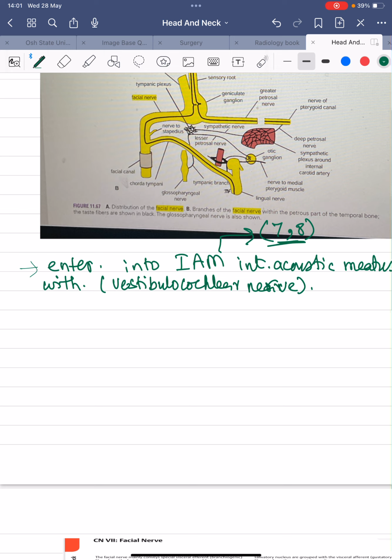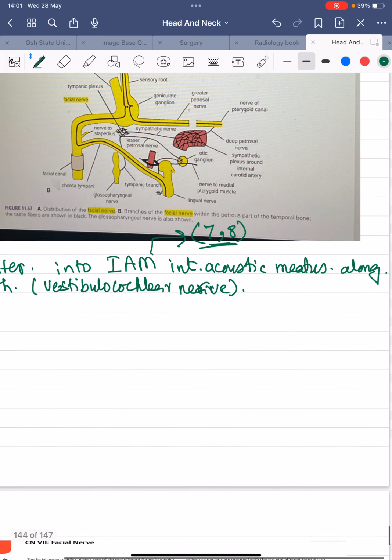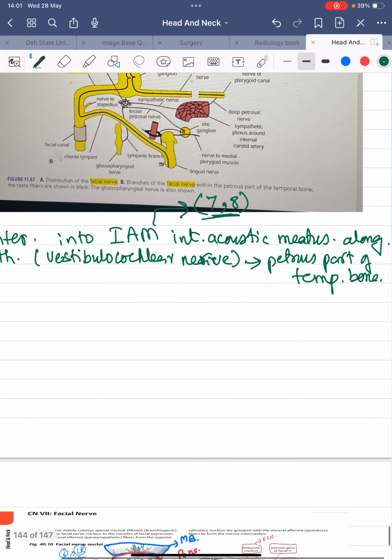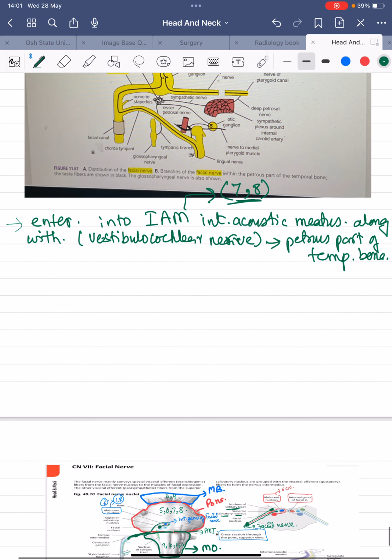So the fibers of the facial nerve along with the fibers of the vestibulocochlear nerve are entering the internal acoustic meatus, in the petrous part of the temporal bone, in the cranial fossa. You must see my lecture on cranial fossa foramen, then you can easily understand it.